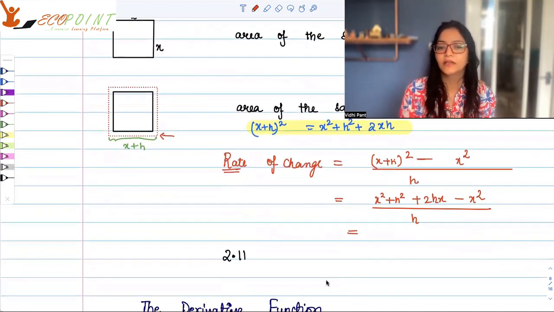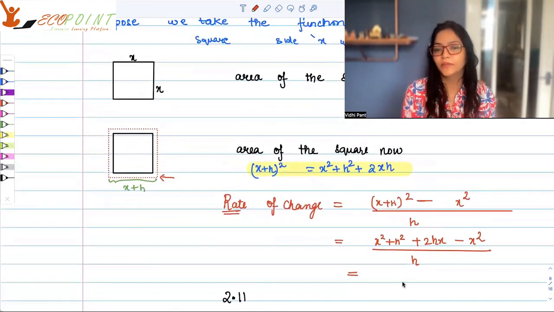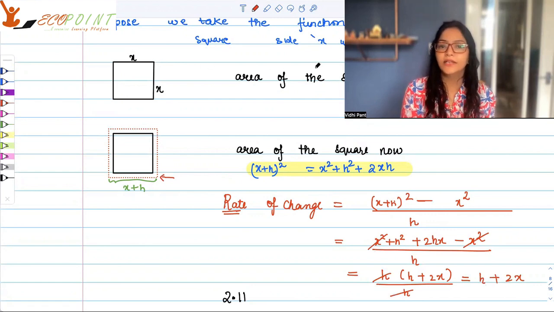And what's going to happen here? You will have x square cancels. You can take h common. You have h plus 2x, whole thing upon h. h cancels, and what I have is h plus 2x. That's the rate of change, which we say is the average rate of change.